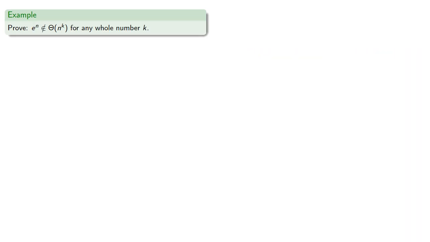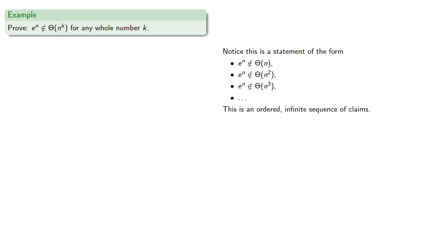Let's do something more ambitious and prove that e to the n is not order n to the power k for any whole number k. Now, notice this is a statement of the form e to the n is not order n, e to the n is not order n squared, e to the n is not order n cubed, and this is an ordered, infinite sequence of claims. So we should try induction.